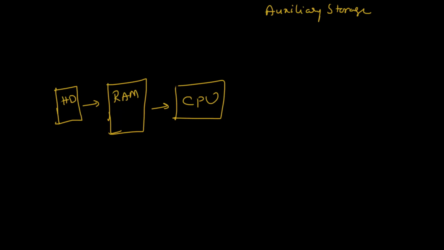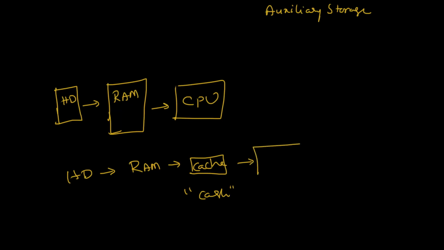Hard disk is a memory type that we know. From the hard disk, the information is passed to RAM. From the RAM, the information should be passed to an extra memory called the cache memory. Whenever we pronounce it, we simply pronounce this as cache. From the cache memory, the information will be passed to the CPU.